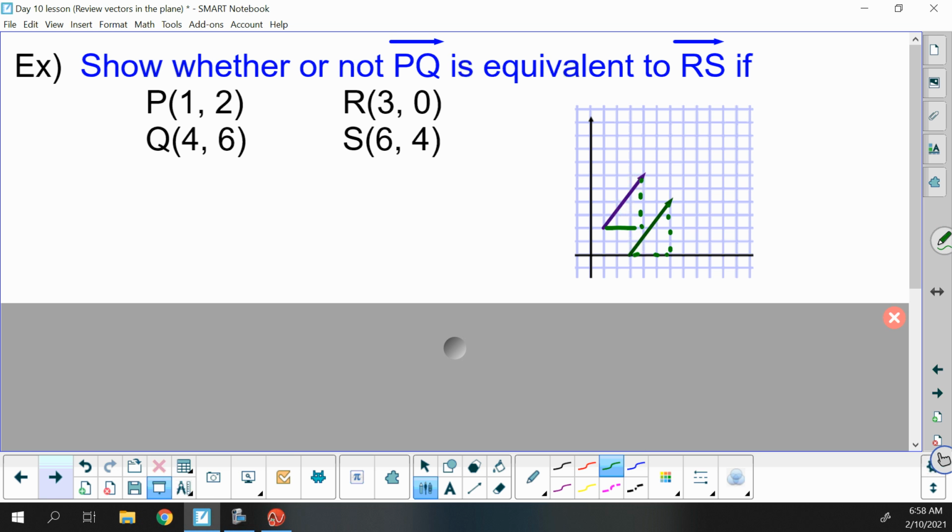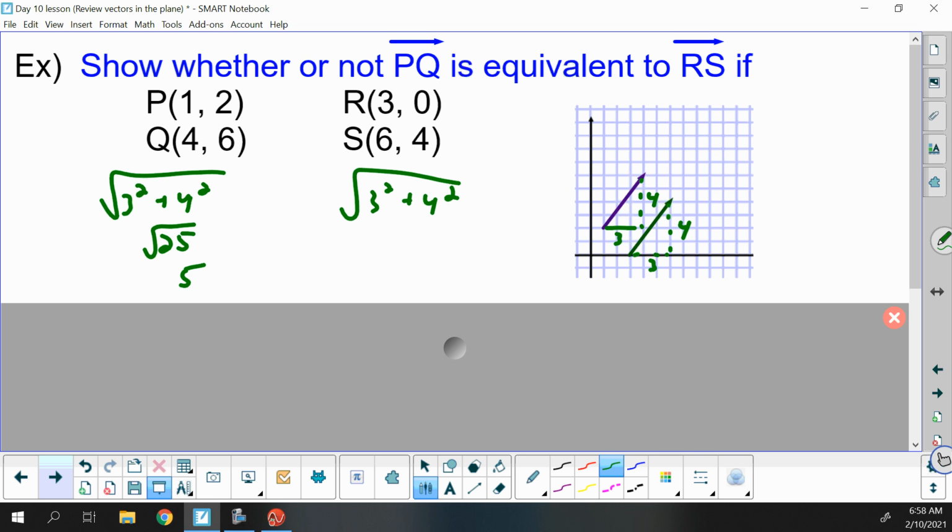If we went from 1, 2 to 4, 6, that means this is 3 and this is 4. From 3, 0 to 6, 4, that's 3 and that's 4. So in both cases, we would have 3 squared plus 4 squared. So that'd be 9 and 16, so square root of 25.